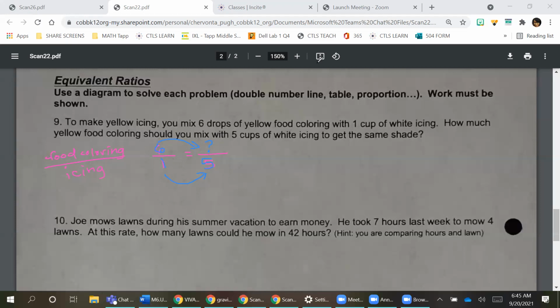So I first asked myself, how am I going from 1 to 5? And I know that's by multiplying by 5. So up here I must also multiply by 5. So 6 times 5 is 30. So for 5 cups of white icing, I would need 30 drops of food coloring. So that's my final answer.